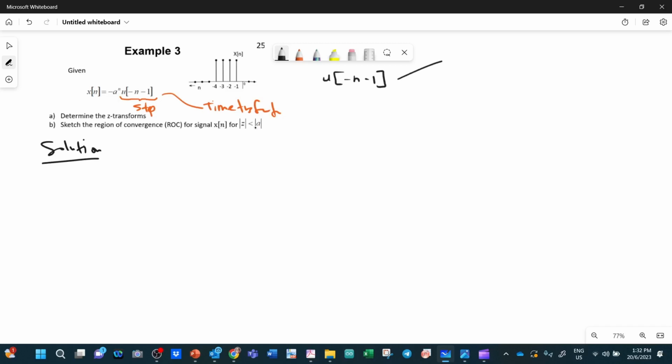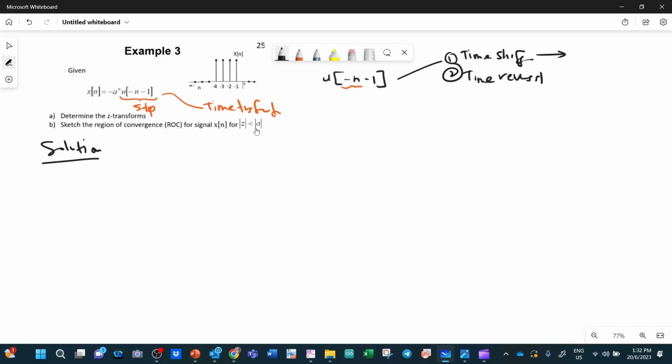What are the time transformations? You have a time shifting to the right side, and you also have a time reversal.